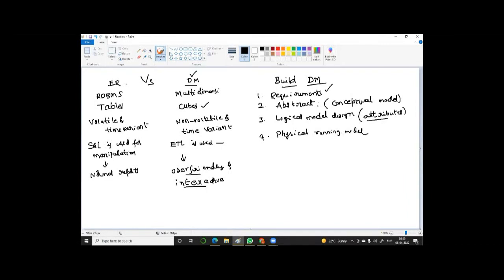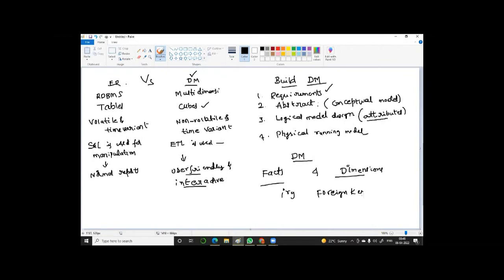Now, in dimensional modeling, I told you the building blocks, the fundamentals, are facts and dimensions. Before that, in order to understand these facts and dimensions, I hope you are clear with primary key and foreign key, right?